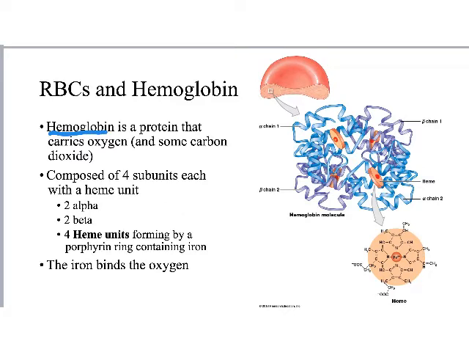As you're going to find out, just about everything in your body that has a function is a protein or composed of protein. But hemoglobin's a protein, and it's what is actually physically carrying, holding on to the oxygen.